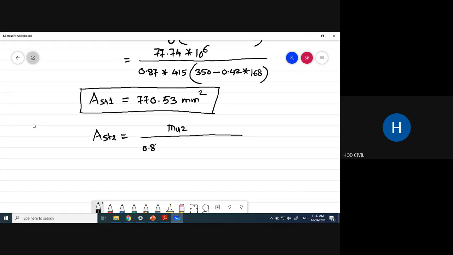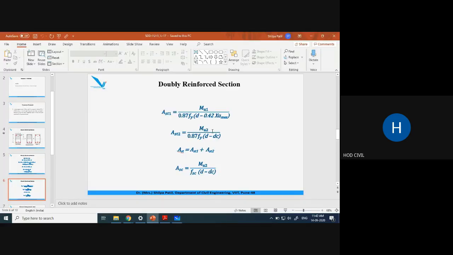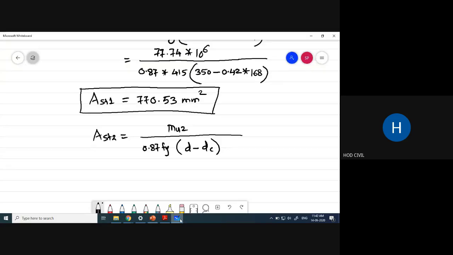So it is 0.87 Fy into bracket D minus DC. Am I right? I will go back to the slides to check the formula of AST2. So it is mu2 upon 0.87 Fy D minus DC. DC is nothing but your effective cover.